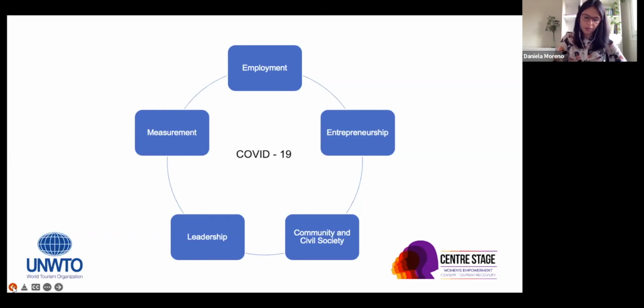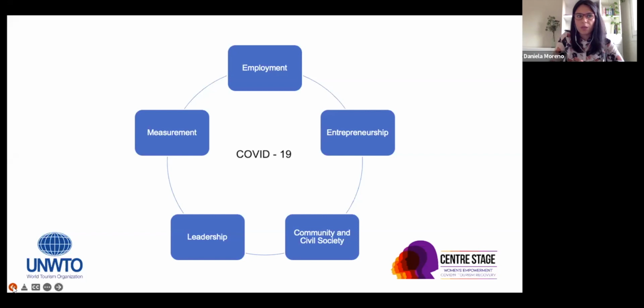Another point linked to the entrepreneurship pillar, and this is one of the priorities that we have to face right now, because we realize that it's very important, because of the consequences coming from COVID-19, is the informal sector. Many women are creating their businesses in tourism and they're in the informal economy, right?